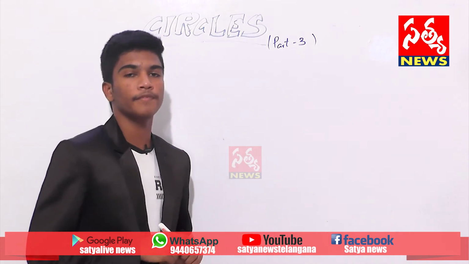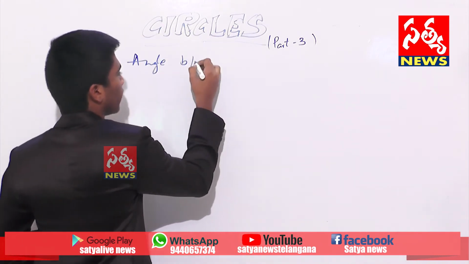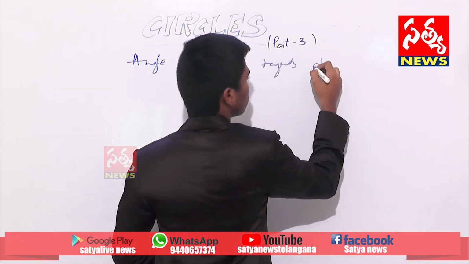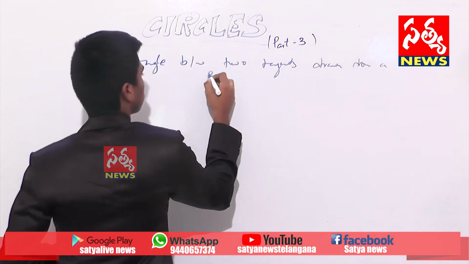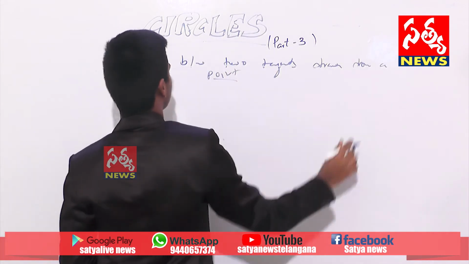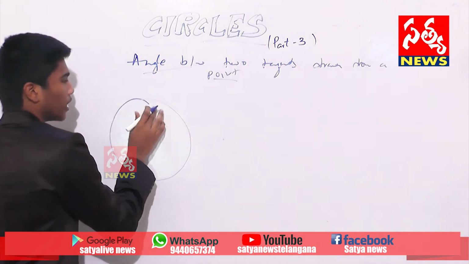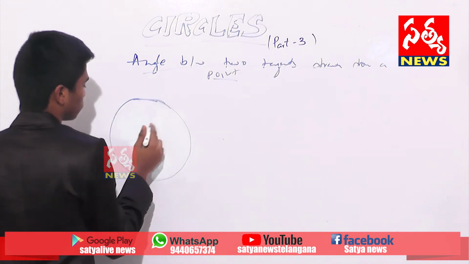And next, let's discuss a direct formula, which is the angle between two tangents drawn from a point to a circle. The same condition which we have taken before.